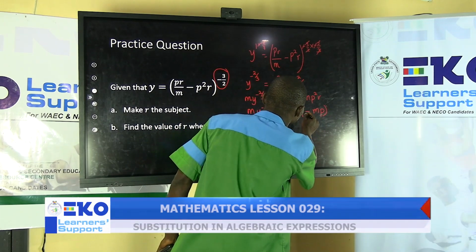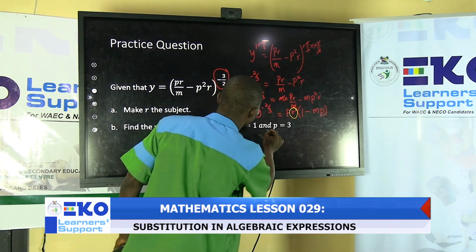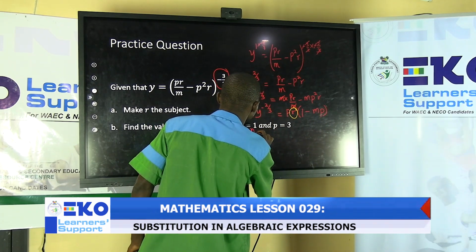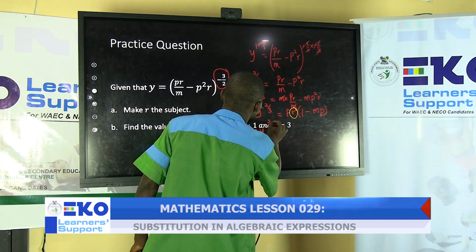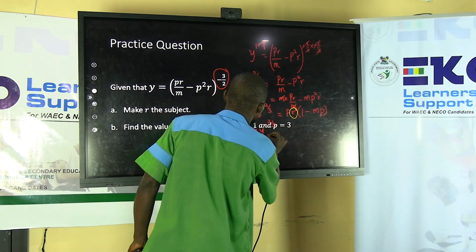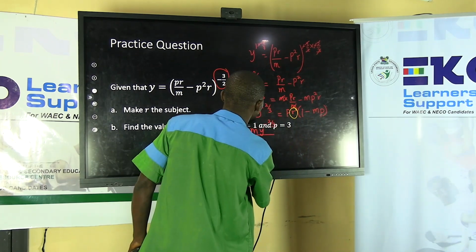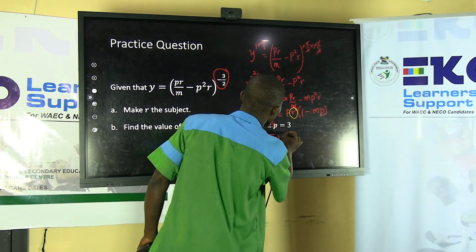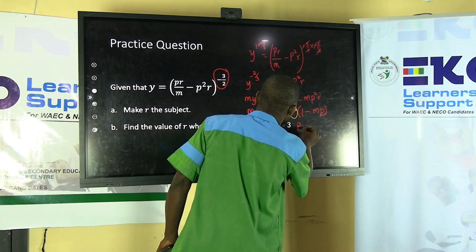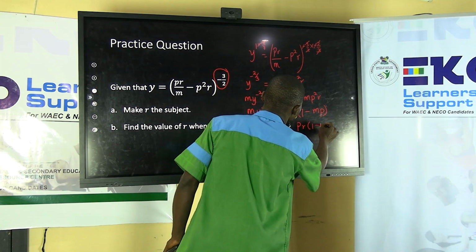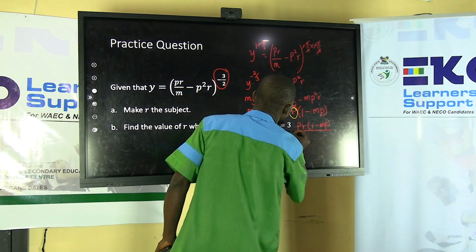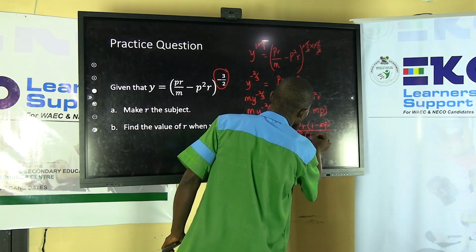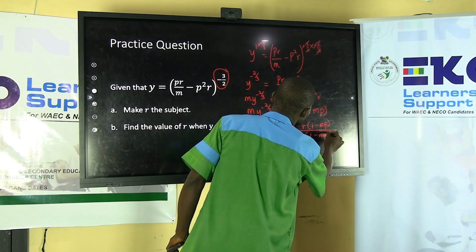1 minus mp. So you divide through: my raised to power minus 2 over 3 divided by p into bracket 1 minus mp equals PR into bracket 1 minus mp divided by p into bracket 1 minus mp.